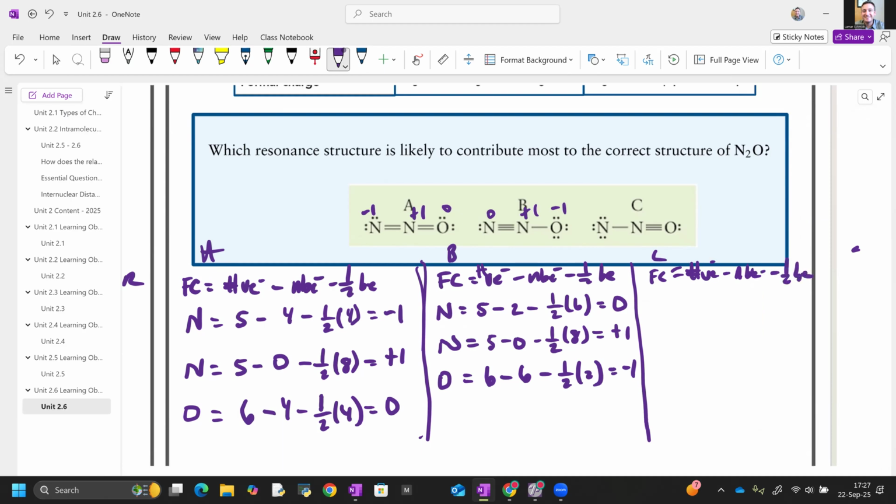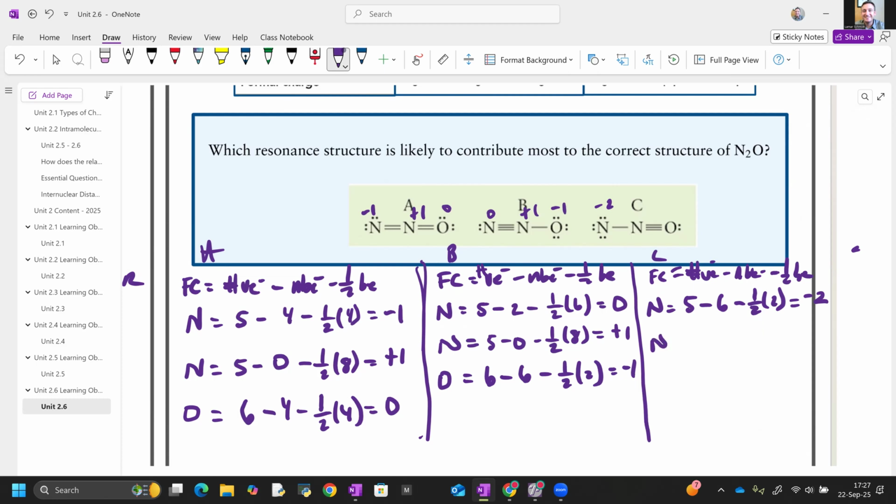If you can read that, that's kind of terrible. So we're reading these left to right again. Nitrogen: it has 5 valence electrons minus 6 non-bonding electrons minus 1/2 of 2. So 5 minus 6 is -1 minus another 1. This is -2.